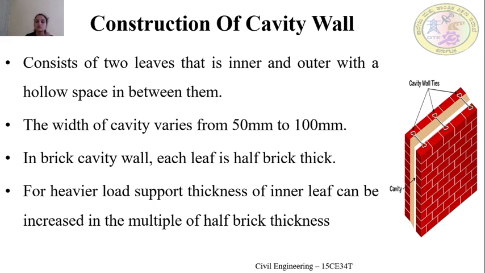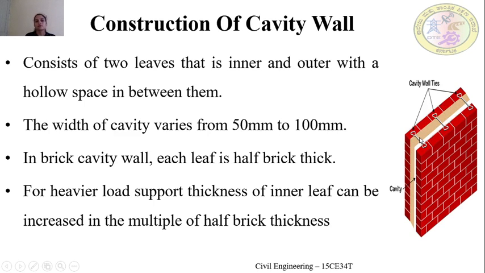Okay, next is the construction of cavity wall. Like I said in the definition, it consists of two leaves, that is inner wall and outer wall, with a hollow space in between them. The width of the cavity, the gap that we are placing between the two walls, varies from 50 to 100 mm.